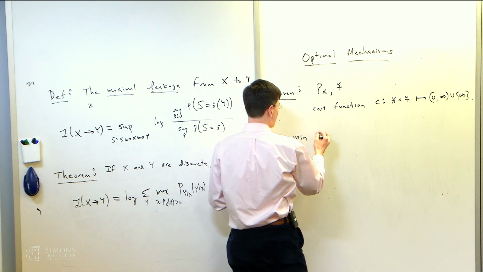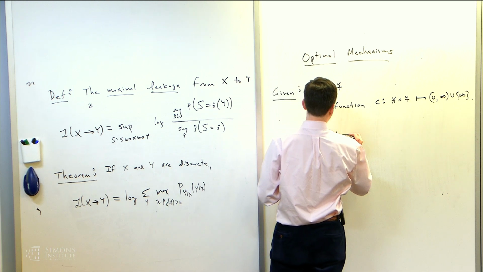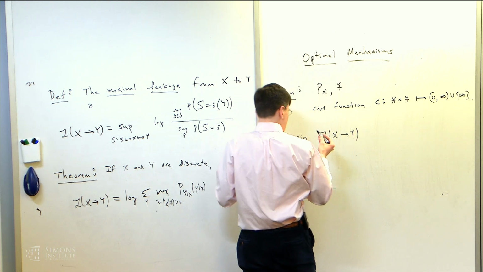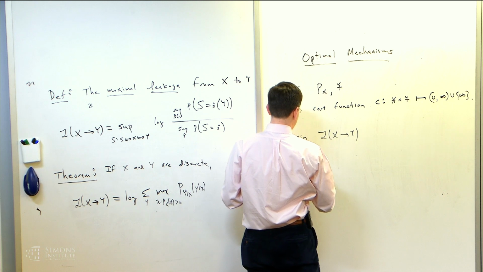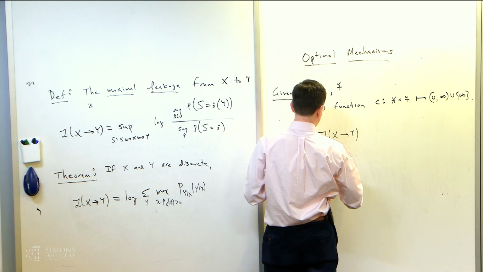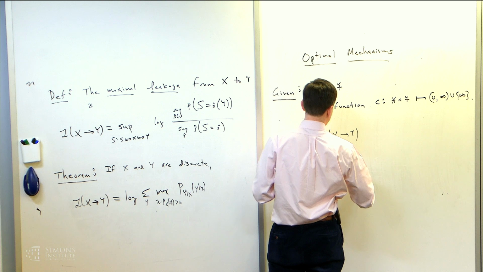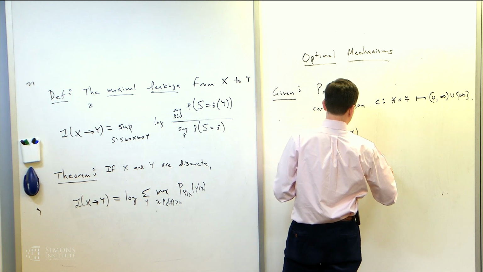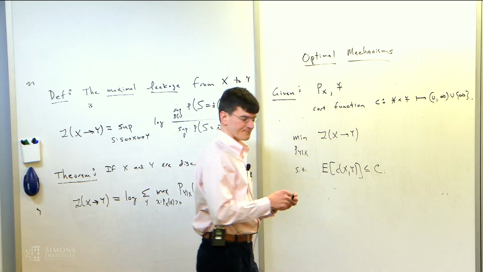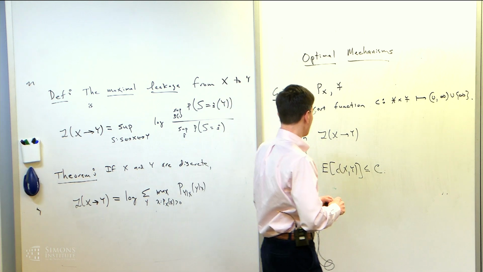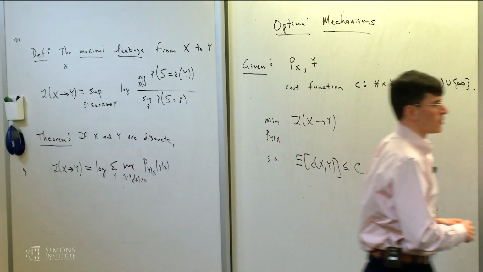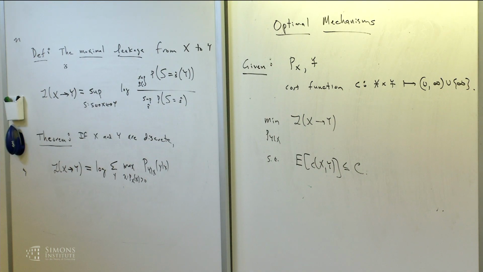Now I can imagine trying to minimize the leakage from x to y, subject to a constraint on the average cost. So I want the expected cost to be less than or equal to capital C. That's a problem you can write down.